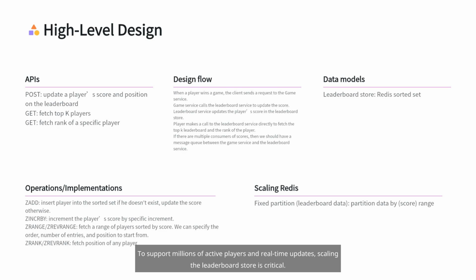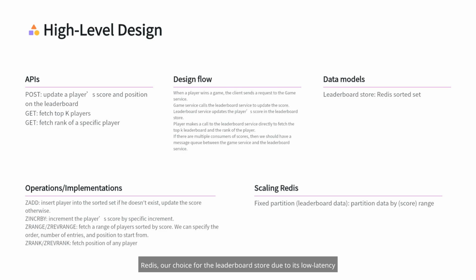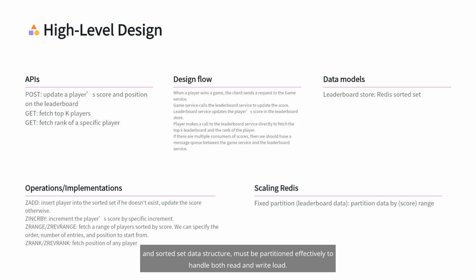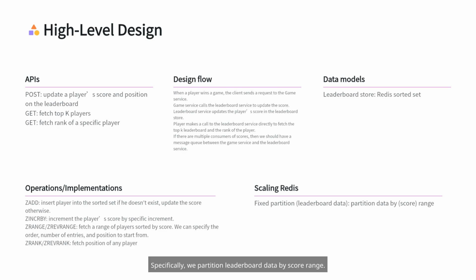To support millions of active players and real-time updates, scaling the leaderboard store is critical. Redis, our choice for the leaderboard store due to its low latency and sorted set data structure, must be partitioned effectively to handle both read and write load. We use fixed partitioning, also known as range-based partitioning, to horizontally scale Redis.